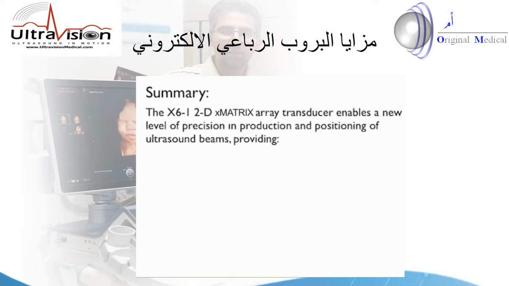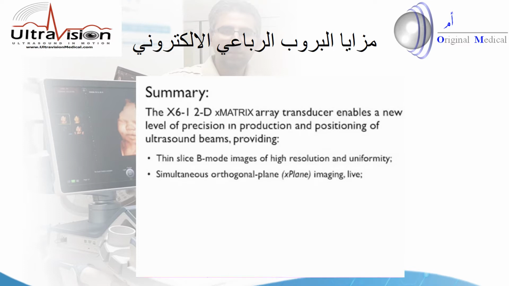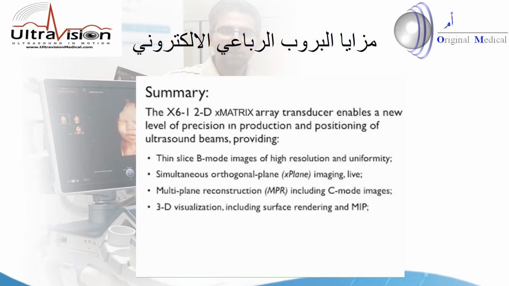So in summary then, I've just gone over some of the basic properties of these arrays. It's a new level of precision basically in the positioning of ultrasound beams in tissue. And these are done with the IU-22 to provide thin slice beam mode images, simultaneous orthogonal plane or X-plane imaging, which of course is a live mode, multiple plane imaging as well, including C-mode images, which can also be made live, 3D visualization, and this includes both the ability to show surfaces, as I gave an example of, but also MIP imaging, that's maximum intensity projection imaging, where we visualize an entire structure and see through it, and this may have some applications in the abdomen and gynae areas.